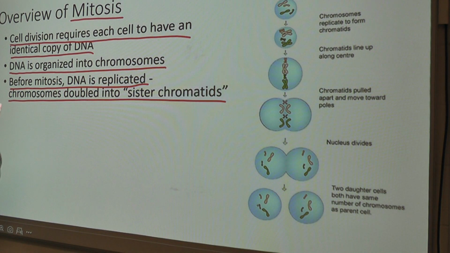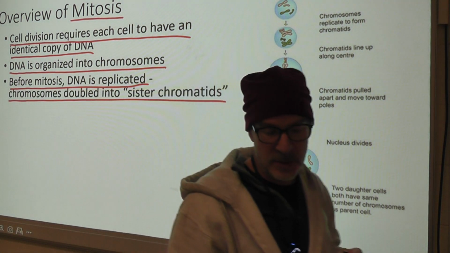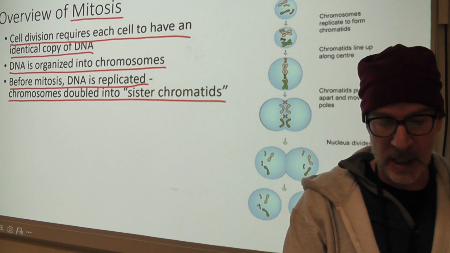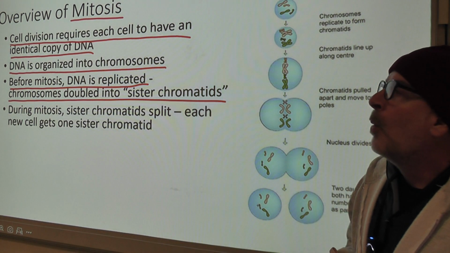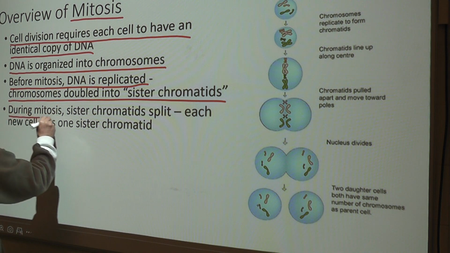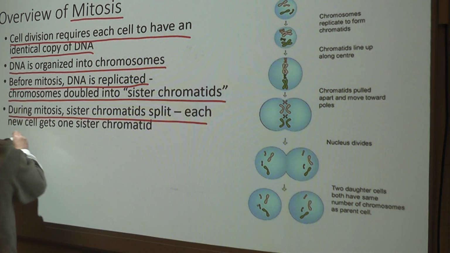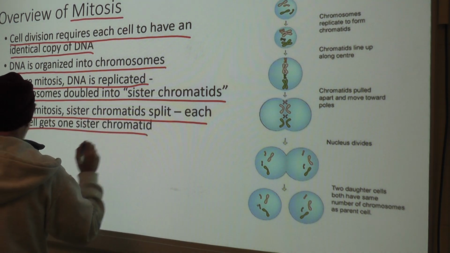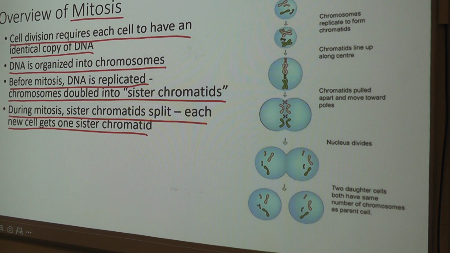So just for now, just write that down. We'll come back to it. We've got more diagrams to come that will hopefully help you understand this. And what mitosis does is it splits up the sister chromatids so that each new cell gets one full copy of the DNA.